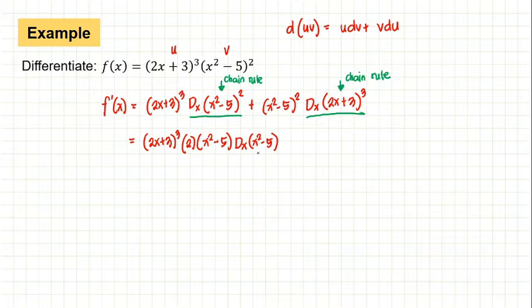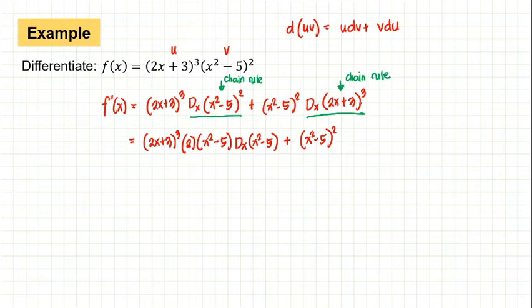So again, this one is the derivative of the inner function because we are applying the chain rule. Okay, plus we have x squared minus 5 squared times the derivative using the chain rule.